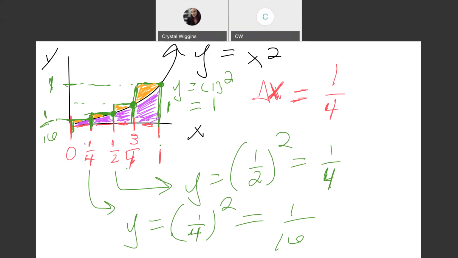Now, how do I add all this up now that I have all my y values and all my widths are all 1/4? I erased a lot of my y values, so let me try to put them back in. This one here was a quarter.